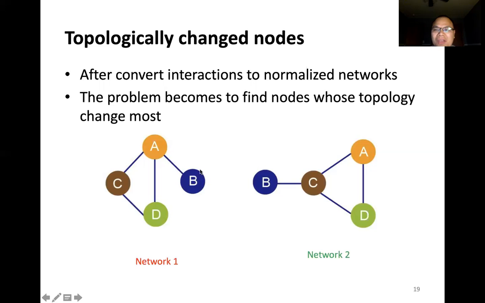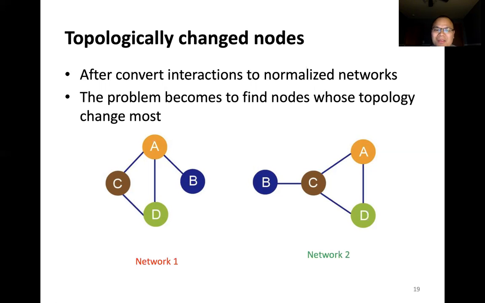But if you look at node B, in network 1, B is connected to node A, but in the second network, it's connected to node C. So the connection is significantly changed because they are connecting to different nodes in the two networks.